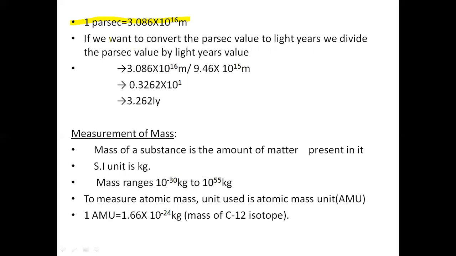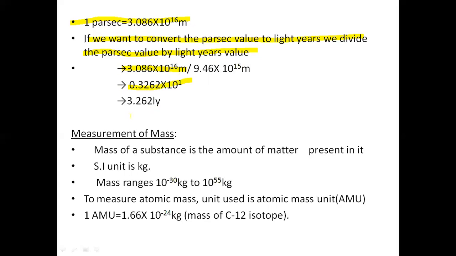If I want to convert the parsec value to light years, I have to divide the parsec value by the light year value. We already know the parsec value, that is 3.086 into 10 raised to 16 meter divided by 9.46 into 10 raised to 15 meter. If I divide that, I'll get 0.3262 into 10 raised to 1.